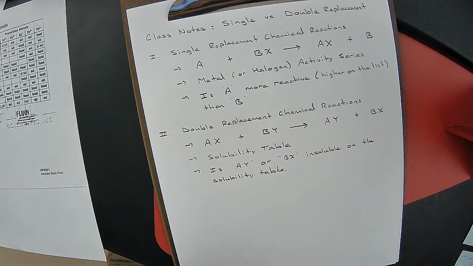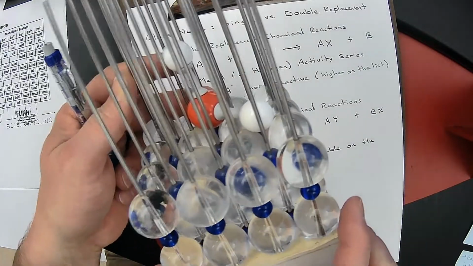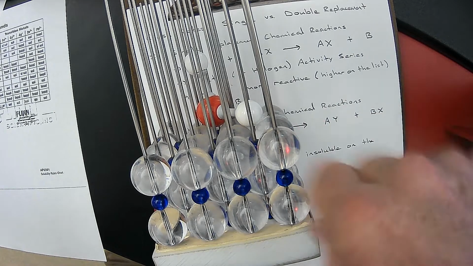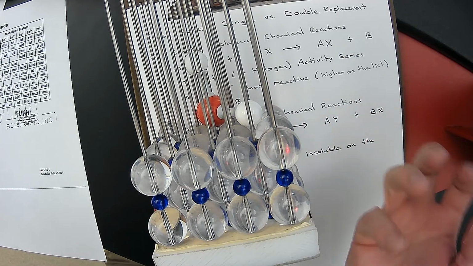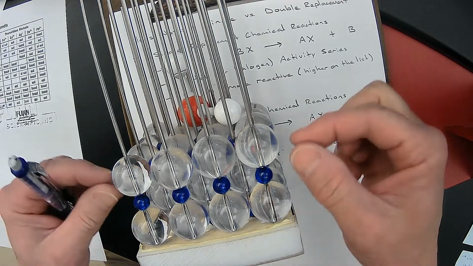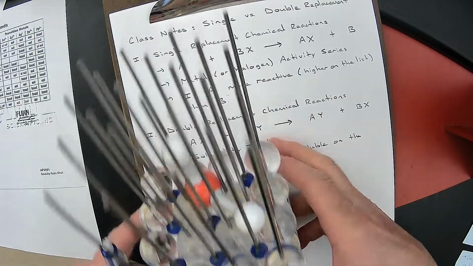It will stay as an ionic compound, not separated. That means we would drop this ionic compound into water, we would stir, stir, stir, and it would just stay together as an ionic compound. If it's insoluble, it will not dissolve. It will not separate into its individual ions.